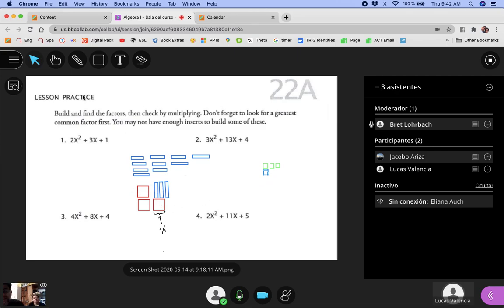It's the same idea with the x squares. These 3, you only have 2 options. It's because you only have 2 factors. You can do 1 row of 3, or you can do 3 rows of 1.